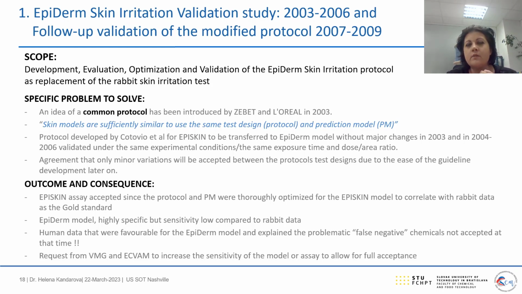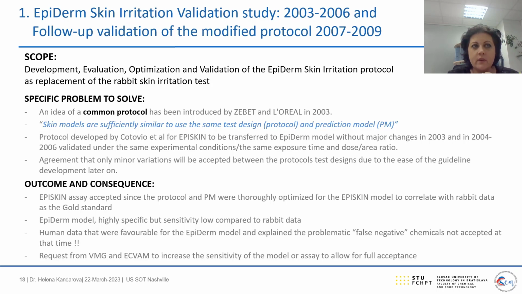Still in the first phase of the validation, it was looking quite okay, but in the second phase, where we tested some mildly irritating materials, suddenly the EpiDerm model was providing a surprisingly high amount of false negative results.